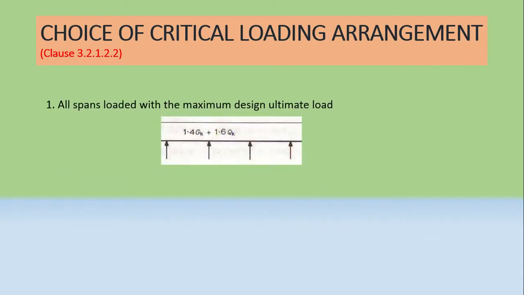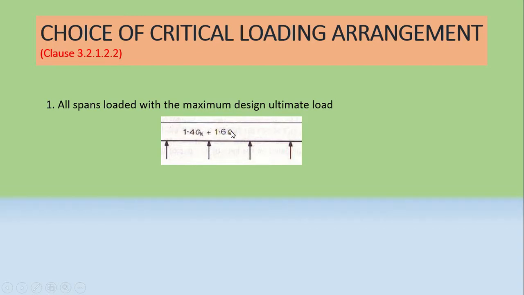Let's move to choice of critical loading arrangements. Let's consider this is a beam and these are columns. When we calculate ultimate loads, that means factored dead load plus factored imposed load.